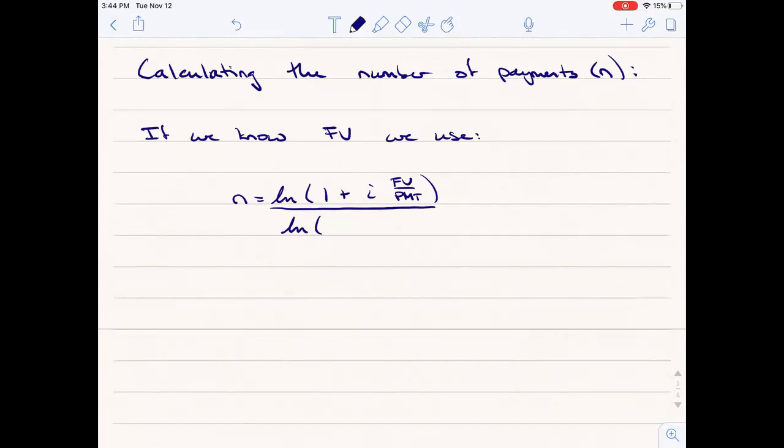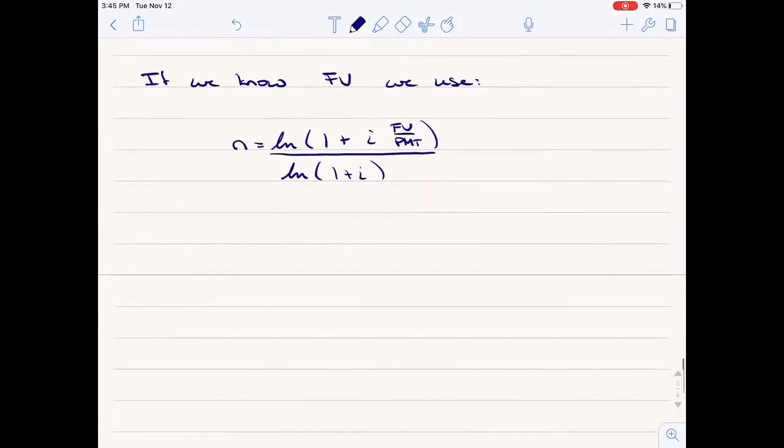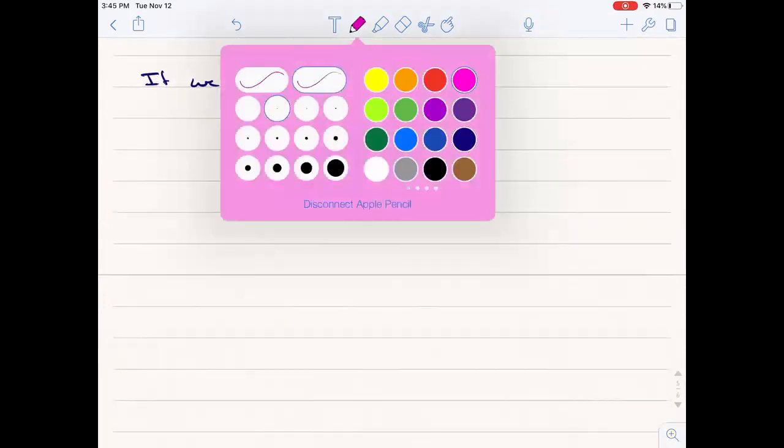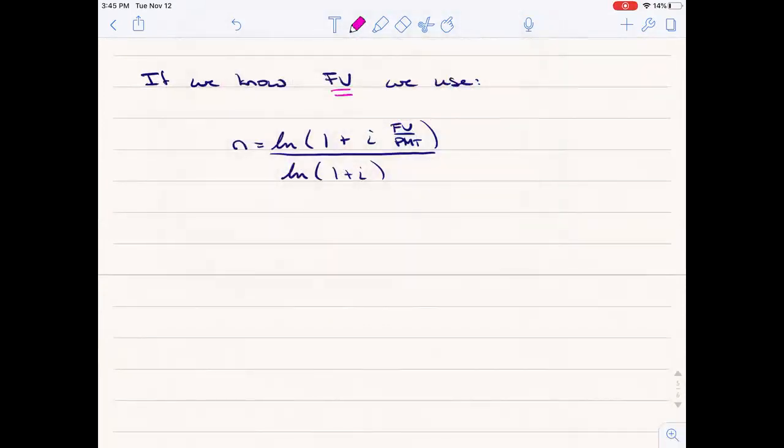For me, there's only one log, the natural log. The log of 1 plus I, but it's ln. Again, future value.